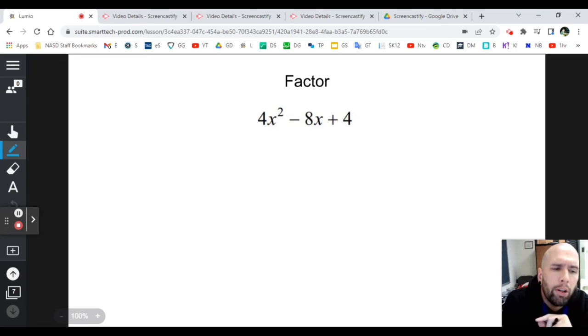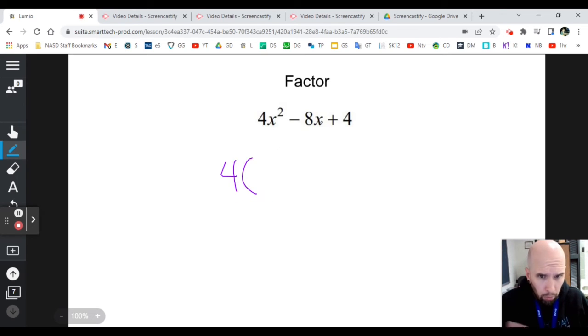Now, before I get started, I noticed that there's a 4 in common with everything. So I'm going to pull out a 4. Remember, factoring doesn't mean you just split it up into parentheses. Factor means look first and see if you notice something in common with everything. And I notice that there's a 4 in common.